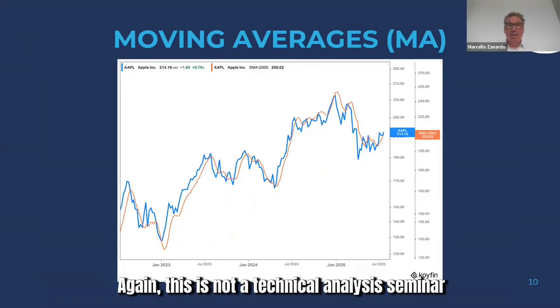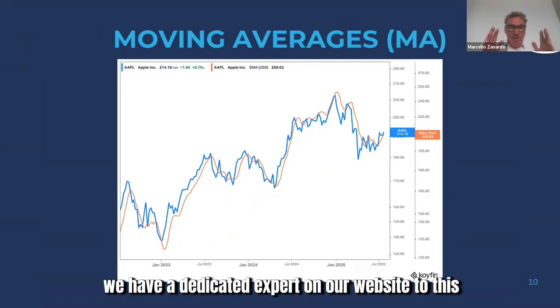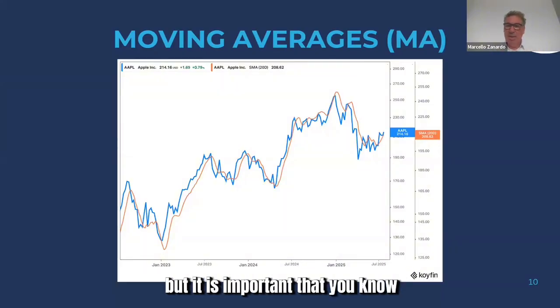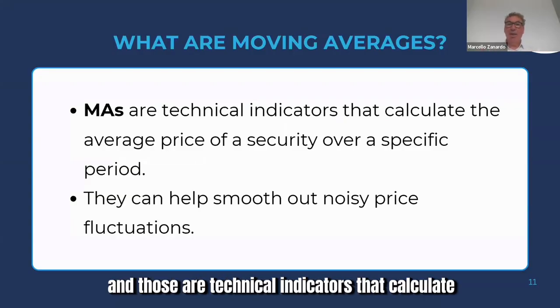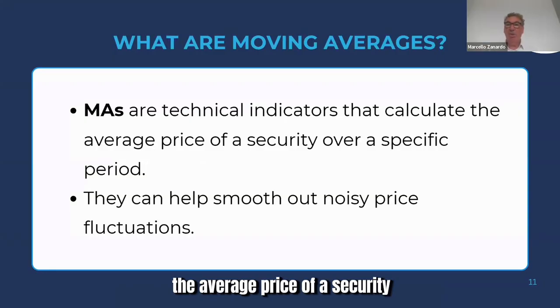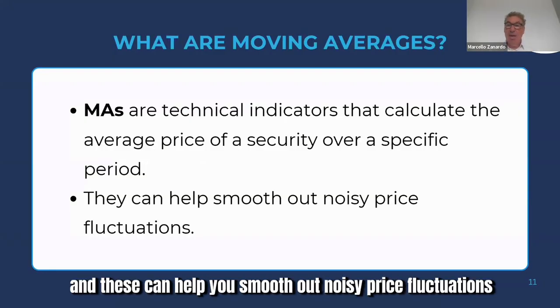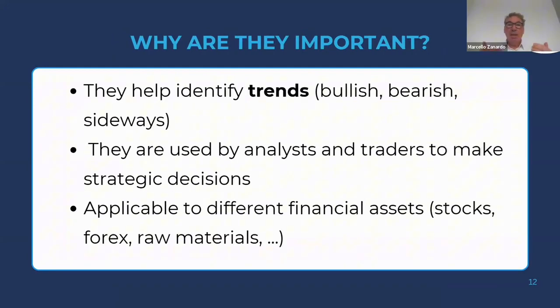Again, this is not a technical analysis seminar. We have a dedicated expert on our website to this, but it is important that you know what moving averages are. Those are technical indicators that calculate the average price of a security over a specified period. These can help you smooth out noisy price fluctuations.